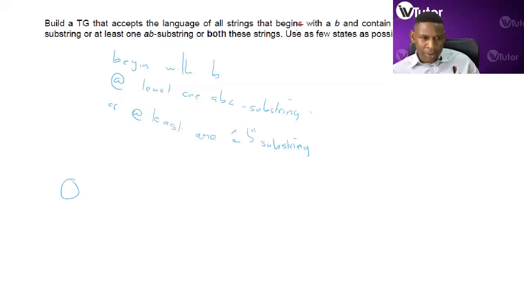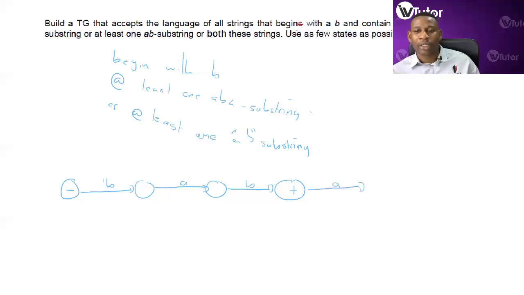So let's start with the finite automata for that. Begin with a B. After that, contain at least one ABA or at least one AB substring. So you can have A, then we can have B. This can go to a final state, or from here you can have an A, which goes to a final state as well.